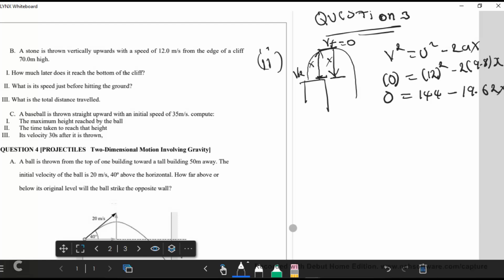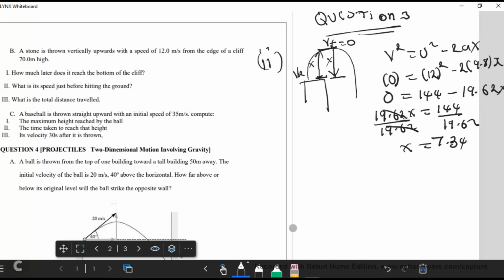When this one goes to the other side, 19.62x is equal to 144. Then let's divide 144 by 19.62. You find that your displacement is 7.34.